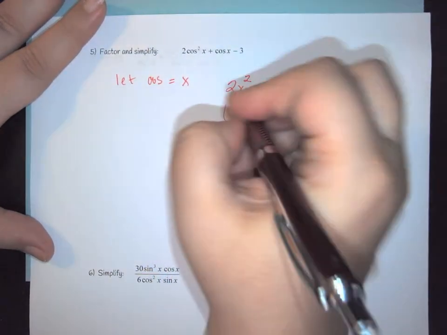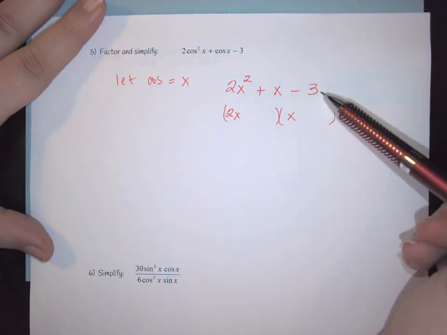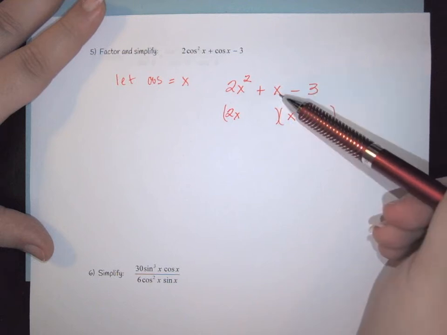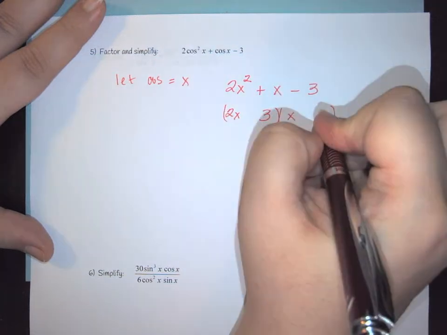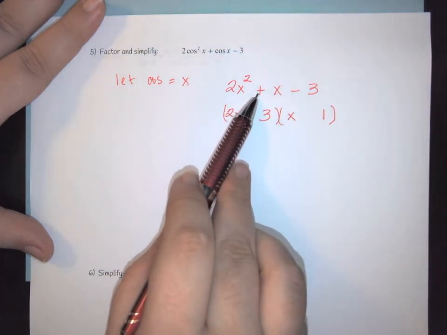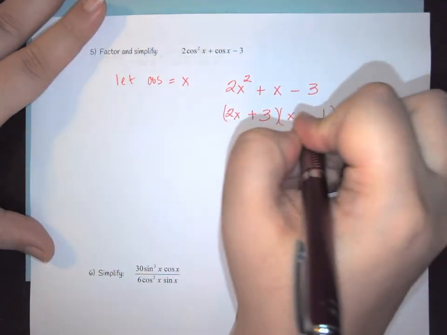So 2x squared is going to break into a 2x and an x. When I'm looking at factors of 3, I have 1 and 3. So I need a factor that's going to give me 1 as a result. Okay, so I'm going to want to put my 3 right here and a 1 right here. And because I want my 1 to be positive, I'm going to add here and subtract.